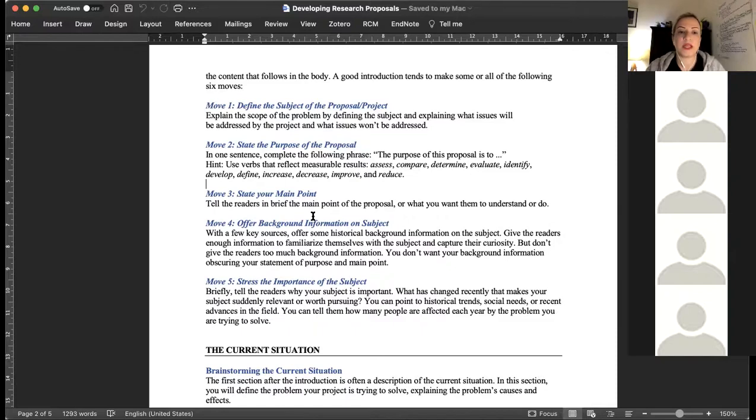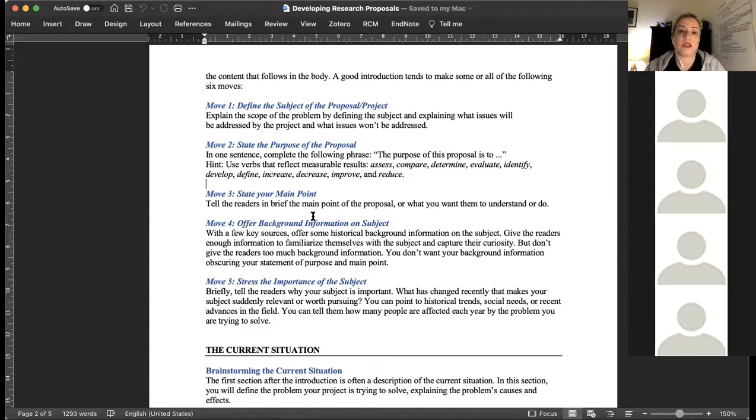Number 5, stress the importance of the subject. Very briefly, tell your readers why the subject is important, what has changed recently that made your subject suddenly relevant or worth pursuing. You can point to historical trends, social needs, recent advances in the field, the August 4 explosion, whatever it is.